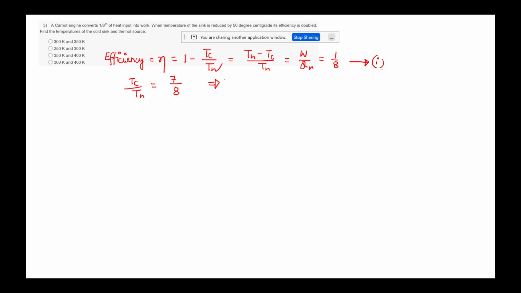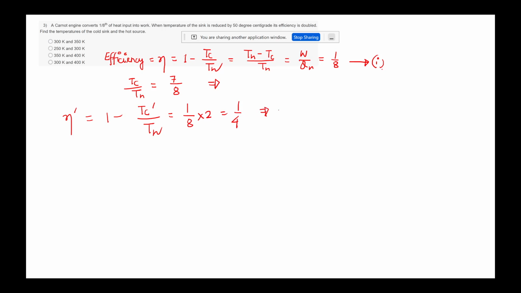Now the question says that when the temperature of the sink, sink means cold, is reduced by 50 degree centigrade, its efficiency is doubled. That means eta prime becomes 1 by 4. So in the new case, eta prime is 1 minus Tc prime by Th, which is 1/8 times 2, that is 1 by 4.